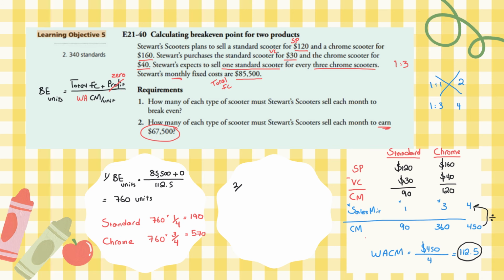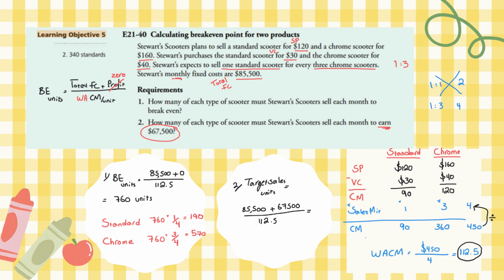So the equation is target sales in units equals total fixed cost, which is 85,500, plus the target profit, which is 67,500, divided by the weighted average contribution margin, which is 112.5.